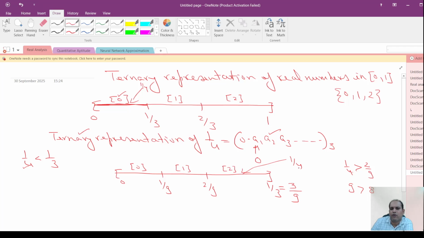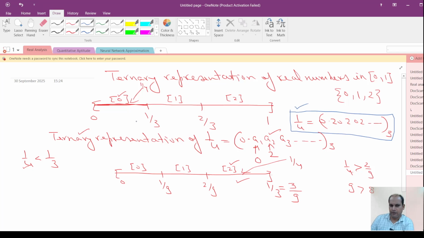Since 1/4 lies in the part denoted by 2, at the next place we will allot the digit 2. Again choose this interval and divide it into 3 equal parts. In this way the ternary representation of 1/4 is 0.20202 and so on in base 3.